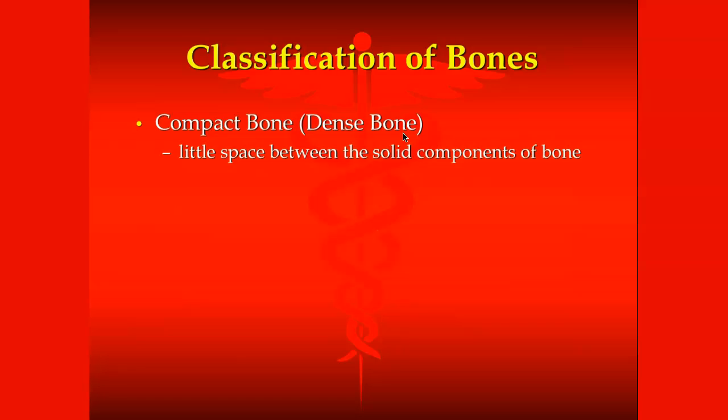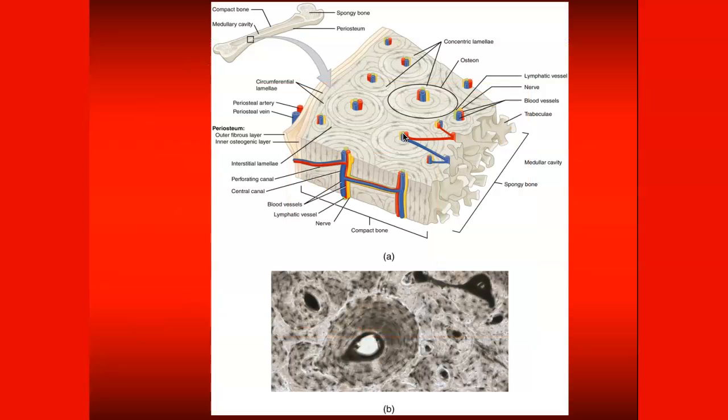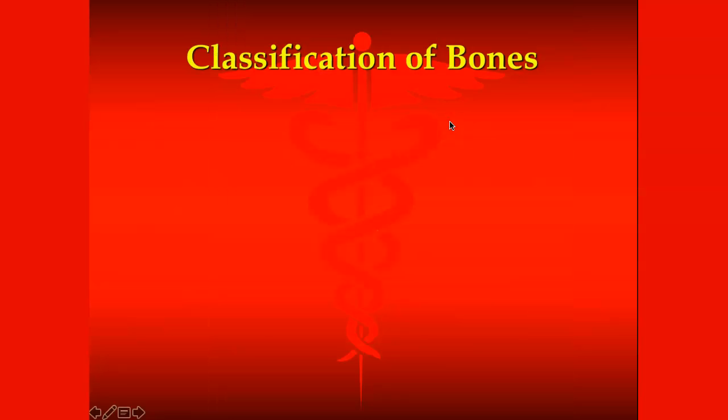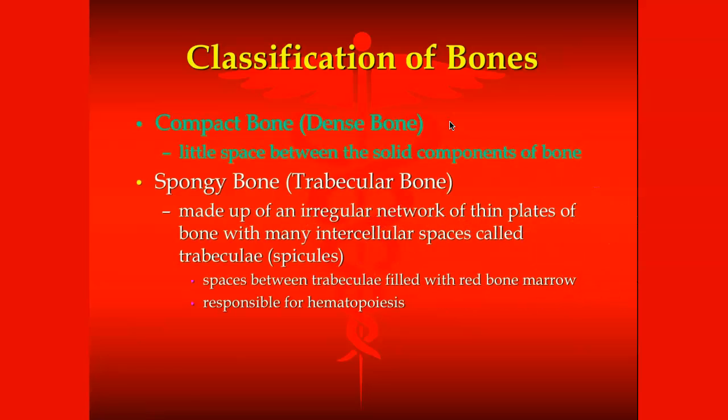Okay, so just another review here. Compact bone is also known as dense bone because there's not a lot of space between the solid components. If we go back to our picture here, everything is very, very tightly packed, and you can see that in the real picture as well as the diagram. But spongy bone itself is also known as trabecular bone, which we'll talk about, but it's this irregular network.